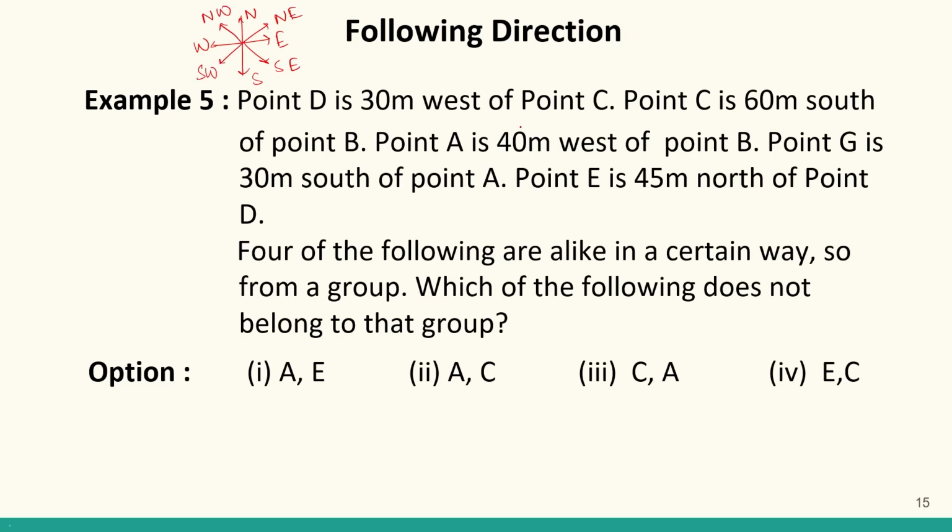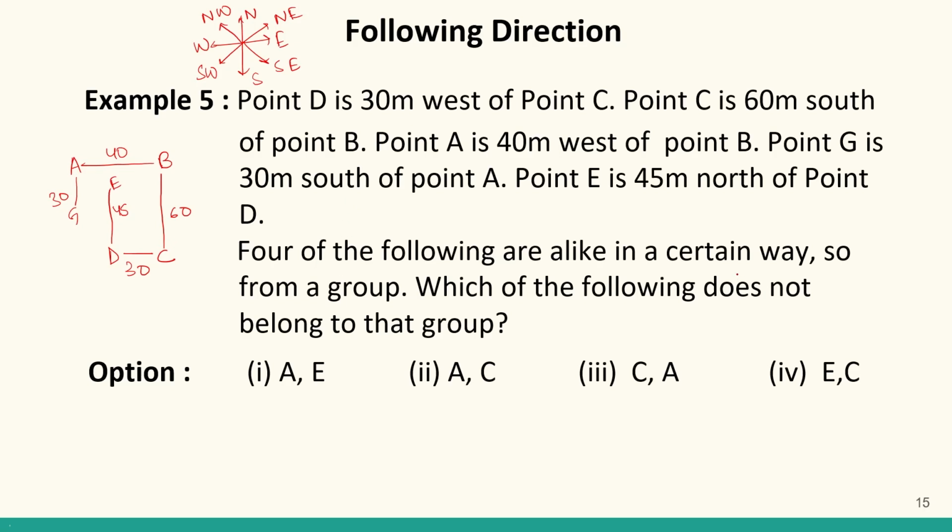Now, point D is 30 meter to the west of point C. Point C is 60 meter to the south of point B. Point A is 40 meter to the west of point B. Point G is 30 meter to the south of point A. And point E is 45 meter north of point D. So this information was already given to us, right?